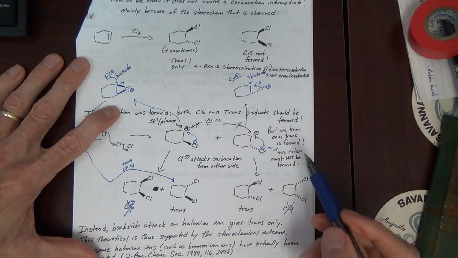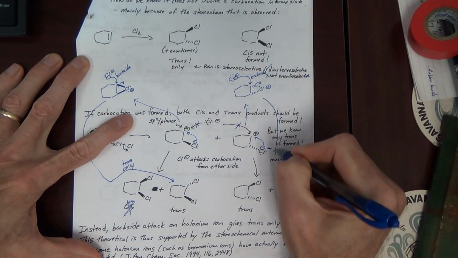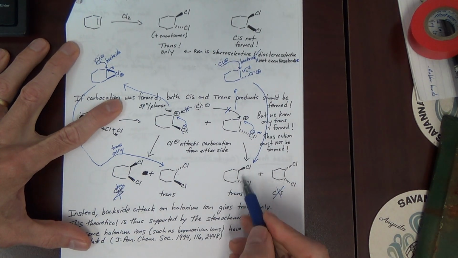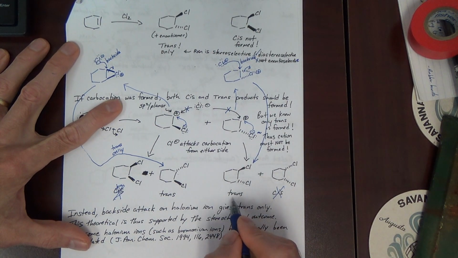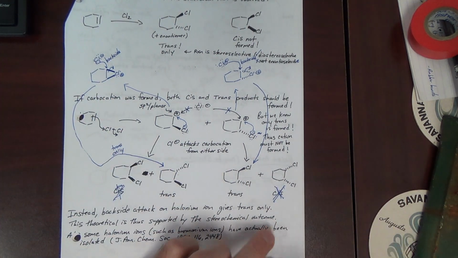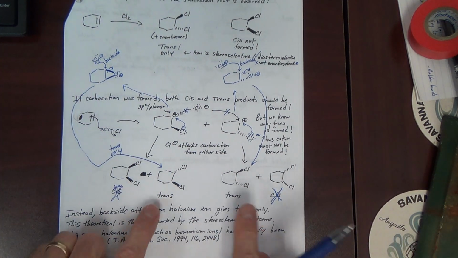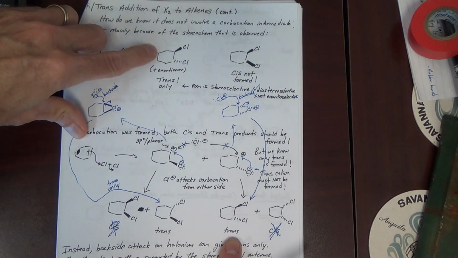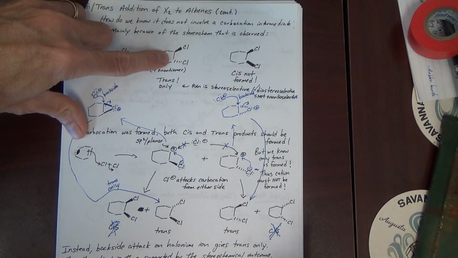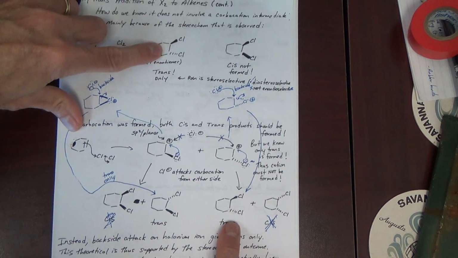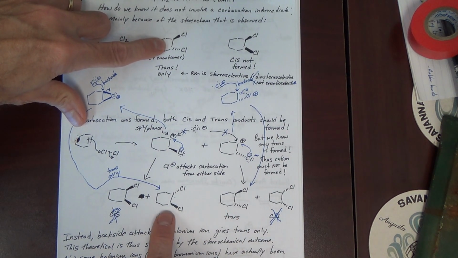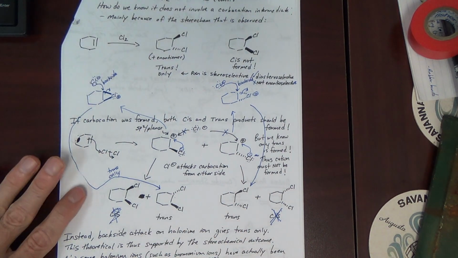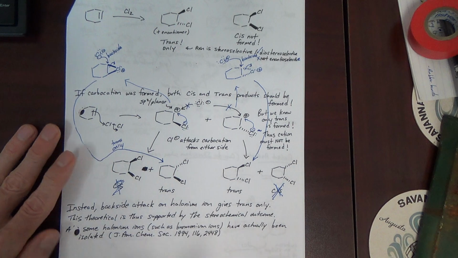And so the result would be that chloride is up. You see this is trans, and we do not get that. You only get the two trans. Trans only. Now the one I showed here is actually just like this. This is the enantiomer of that. When I say plus enantiomer, that's the enantiomer. We'll talk about that more.